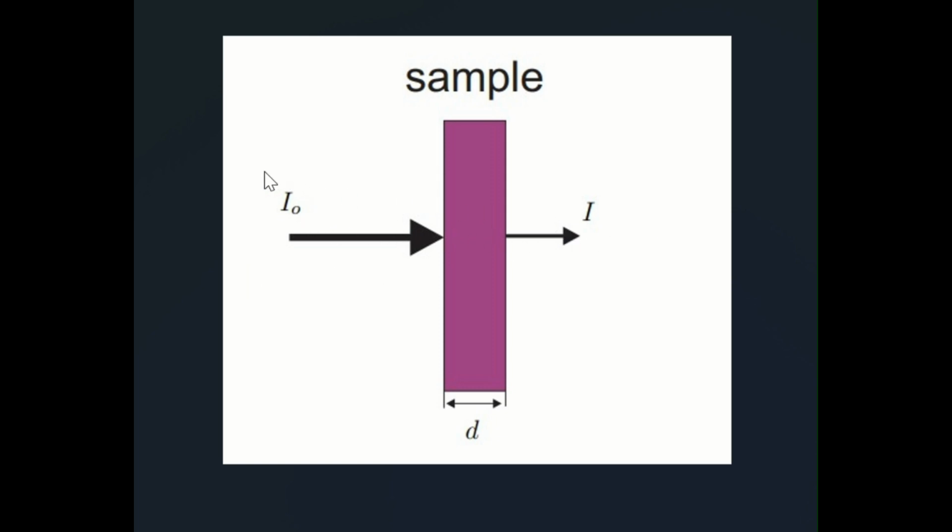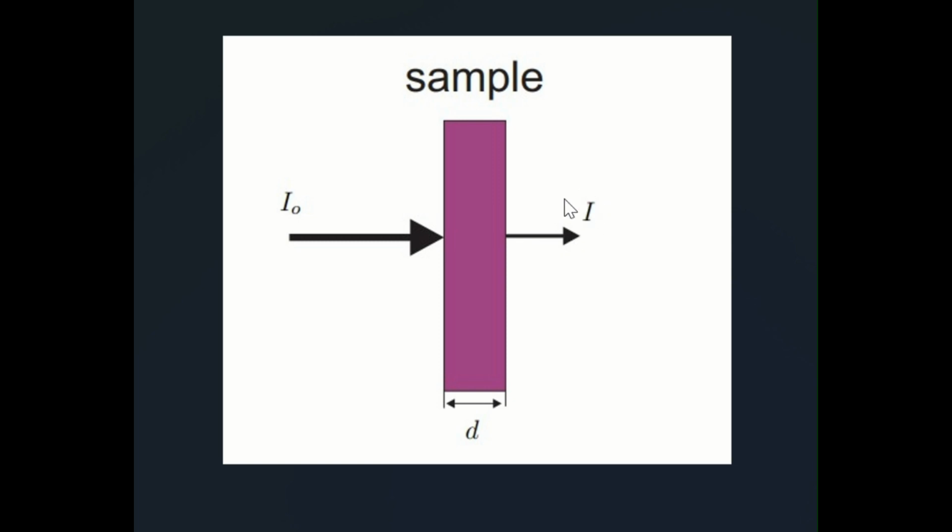If you have an incident ray coming in with intensity I0, it goes through the material and emerges on the other side with intensity I. As you can see, the arrow with intensity I0 is bigger, meaning the incident light is larger, but the light that gets out of the material is smaller.